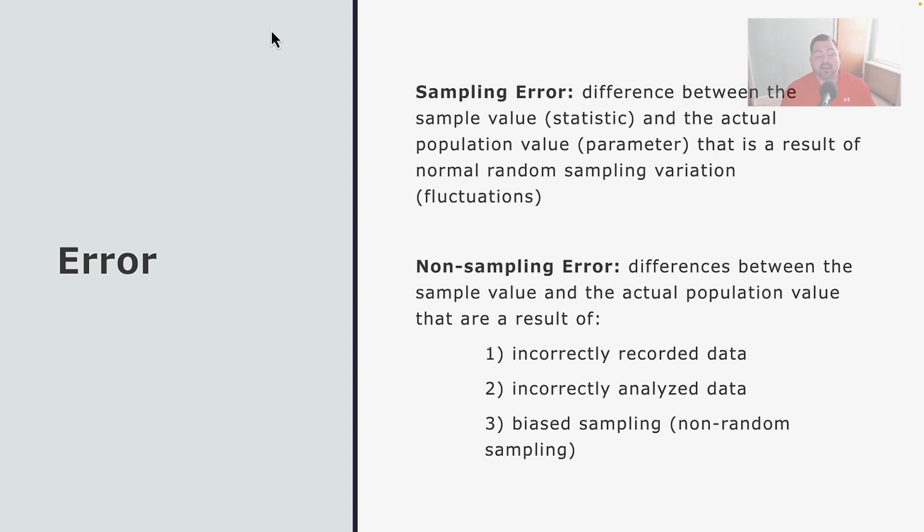And then the third thing is what's called biasing the sample. For example, if I'm really trying to generalize information from a population of interest, I really should be randomly selecting the people from that population into my sample. That means that every single person in the sample should have an equal opportunity of being selected from the population.